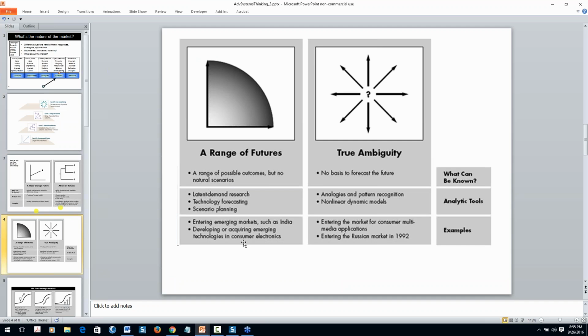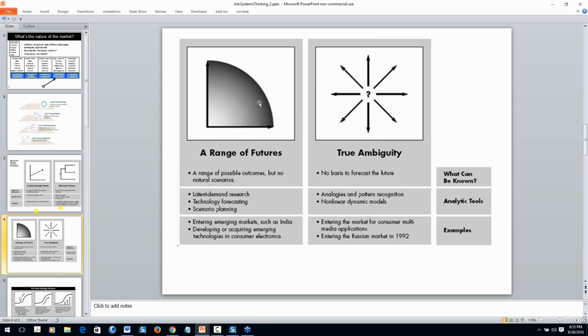In level 3 complexity, we're talking about, again, a range of possible outcomes, no natural scenarios, and so we're going to try to pick some representative samples that describe regions of these different solutions. And then we might look for ways of uncovering deep demand, or what are called latent demand research, and that is residual price and support and resistance levels that might activate people who are on the sidelines.